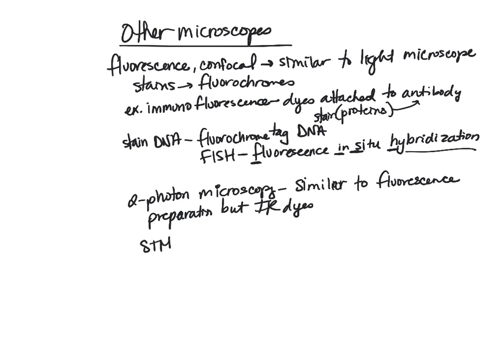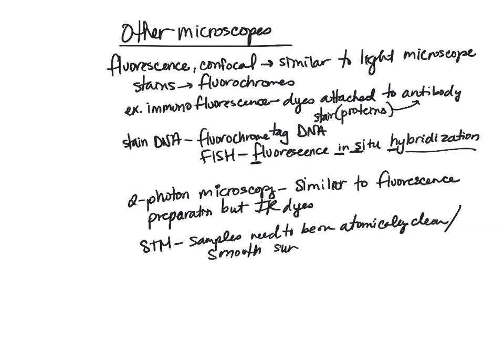And then lastly, we have our STM. Remember, these are scanning probing. So these samples need to be on atomically clean and smooth surfaces. So remember, atomically, so at the atomic level.